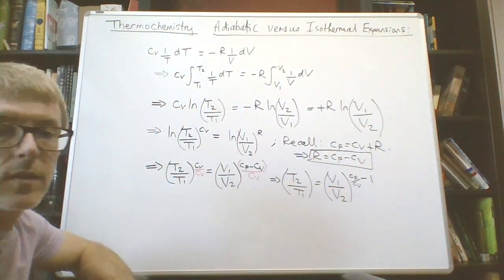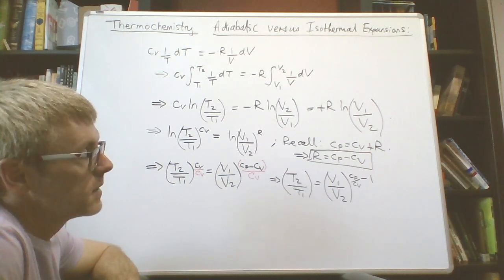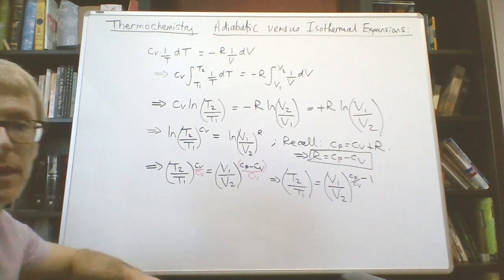So I have T2 over T1 equals V1 over V2 to the complicated exponent Cp over Cv minus 1.